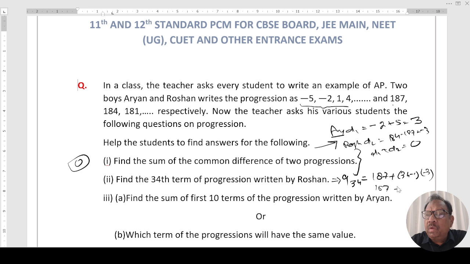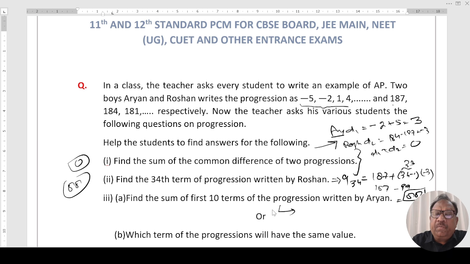That is 187 plus 33 into -3, that is -99. On simplification, this comes out to be 88. This is the answer of the second part.